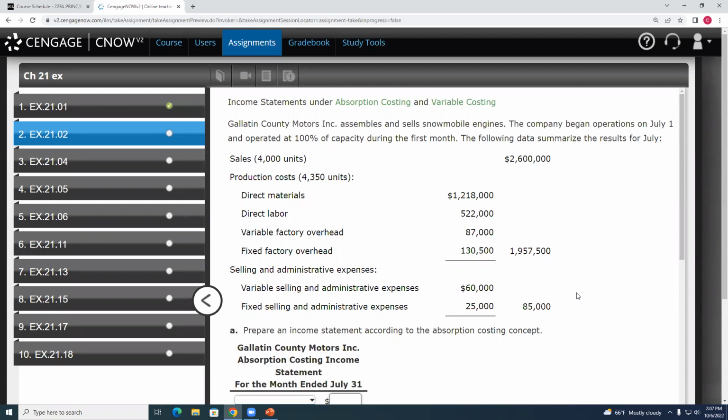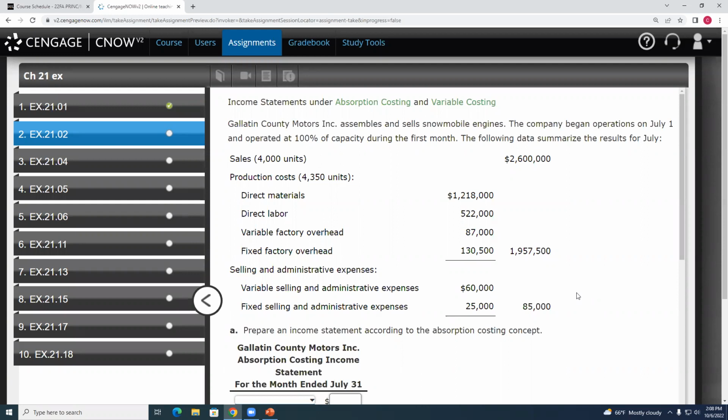So their ending inventory is how many units? If they produced 4,350 and they only sold 4,000, they have 350 units of ending inventory. When we use absorption costing, those 350 units are going to include all of the direct materials, direct labor, variable and fixed overhead for those units.